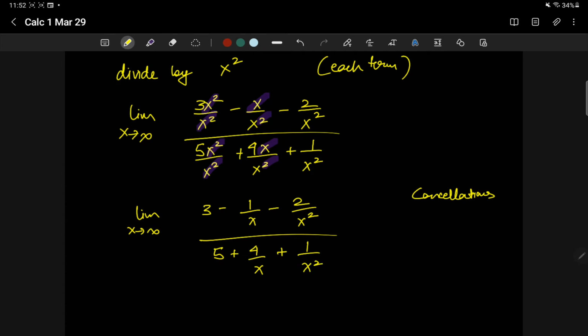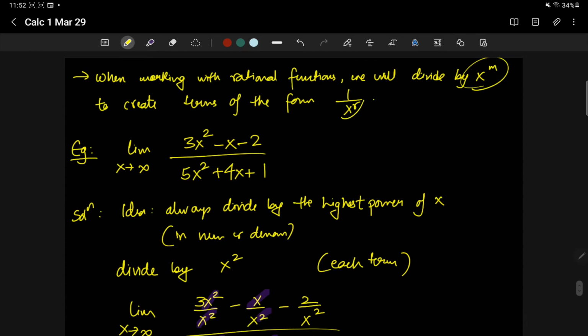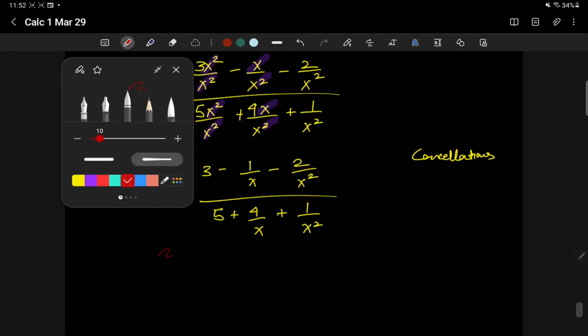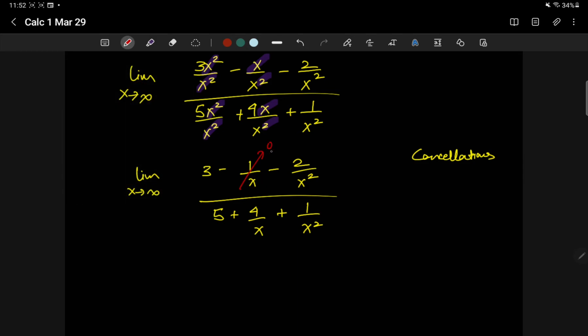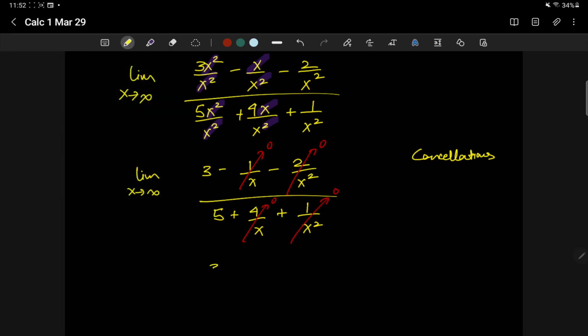Now this is good news, because what we have achieved is we have rewritten most of the terms as 1 over x to some power. And for each of those, we know the limits. This just goes to 0, this goes to 0. So what we will be left with is simply 3 over 5.